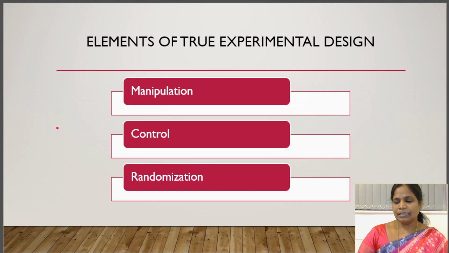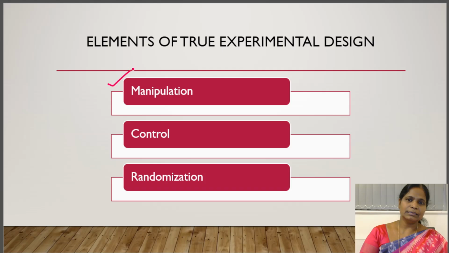Manipulation is nothing but some changes made by the researcher while conducting a research. Whoever is the researcher makes some changes in the environment where he is going to conduct research. That is called manipulation.